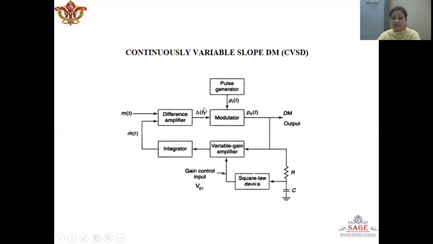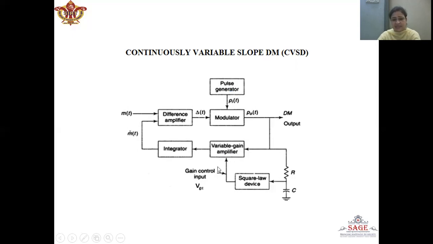Now here, when there is a continuously positive value of the error signal, the pulses will be continuously positive. When this continuous positive value is given to this integrator, which is formed by the combination of resistor and capacitor, it will generate a high value. This higher value, when given to the square law device, will generate a higher value, which is given to the gain control input VGC.